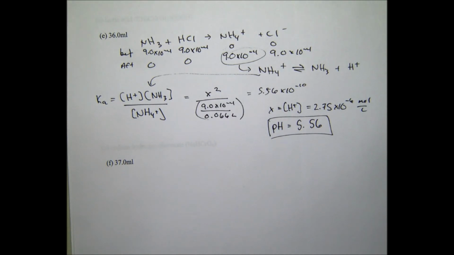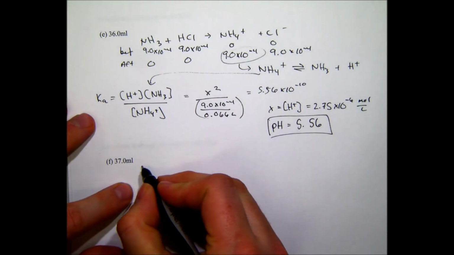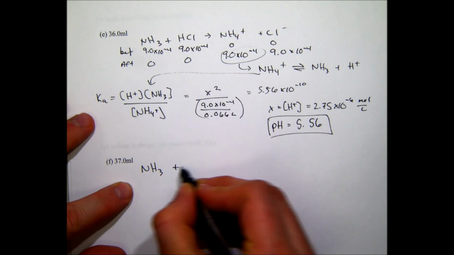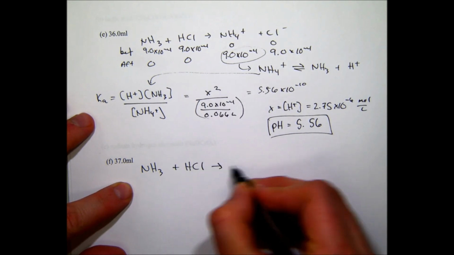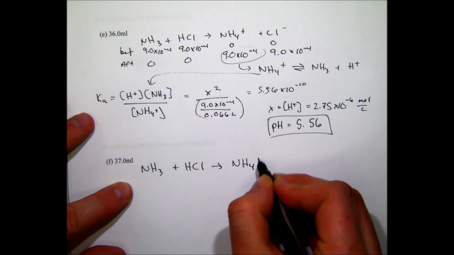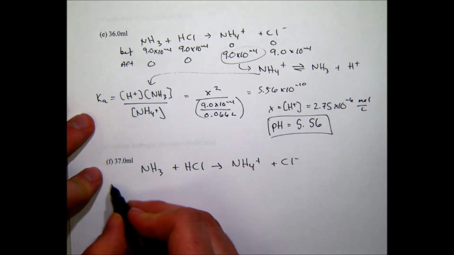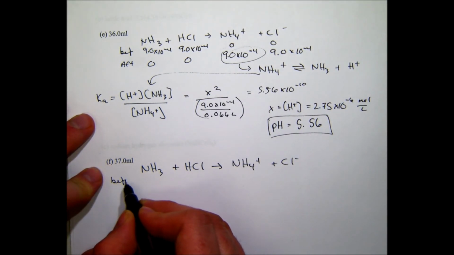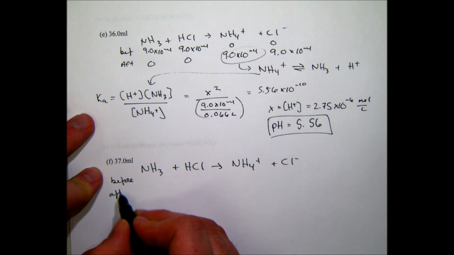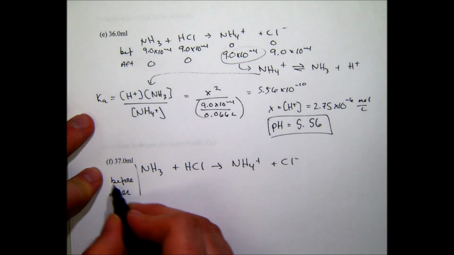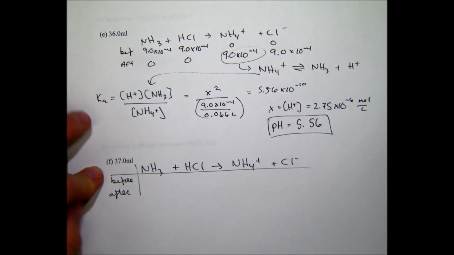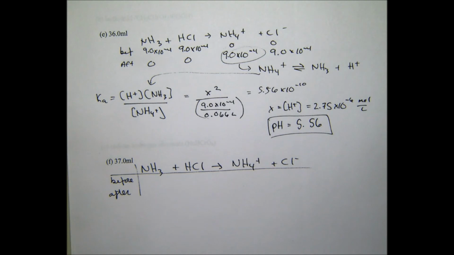Finally, we are at a situation where we're going to go 1 mil past the equivalence point to see what happens. So we start with our equation again. It is an equation where we can have before and after.